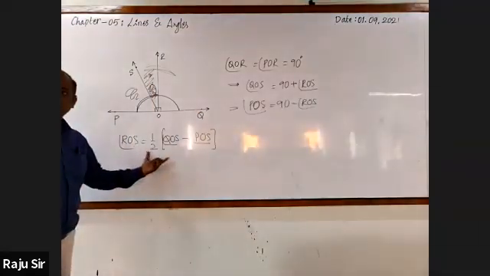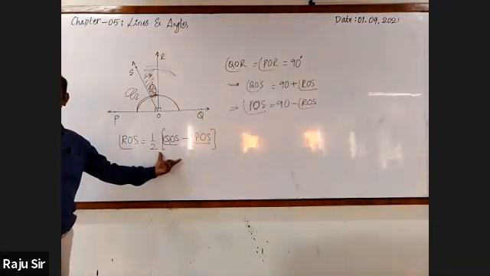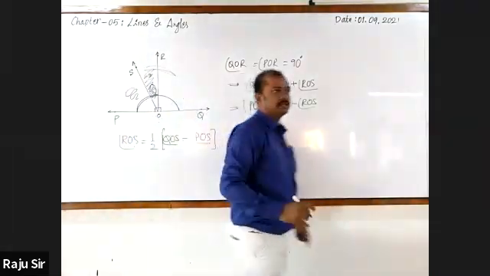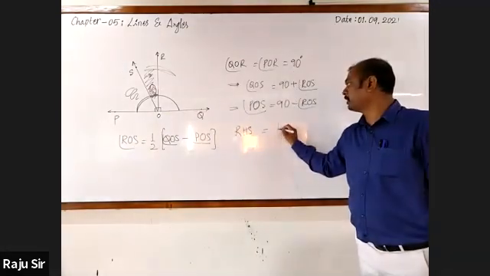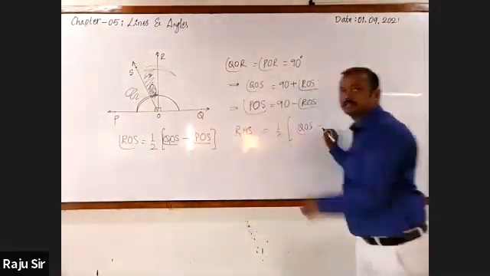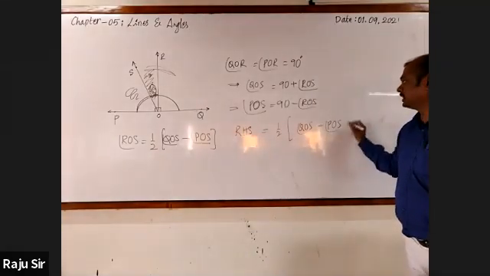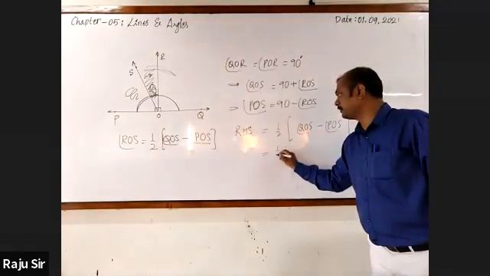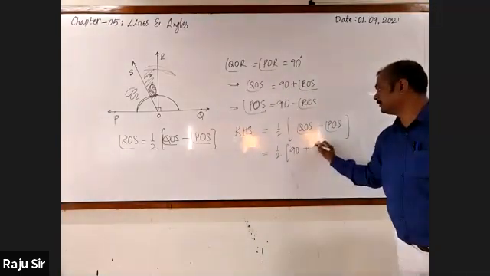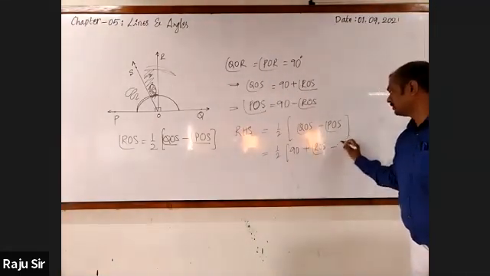Now let me take the RHS part of this statement, where RHS is half of angle QOS minus POS. It is half of, what is QOS? 90 plus ROS.